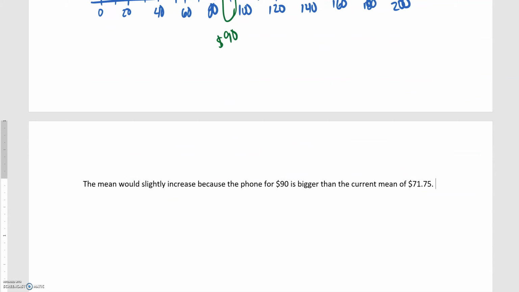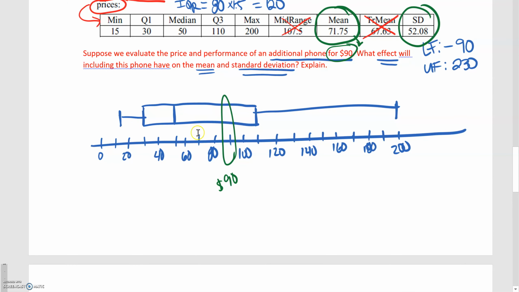Okay, so the mean would actually increase because that $90 is bigger than the 71.75. So you're adding a bigger value, so your mean would increase.